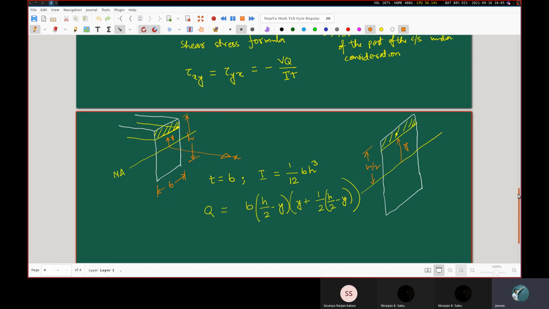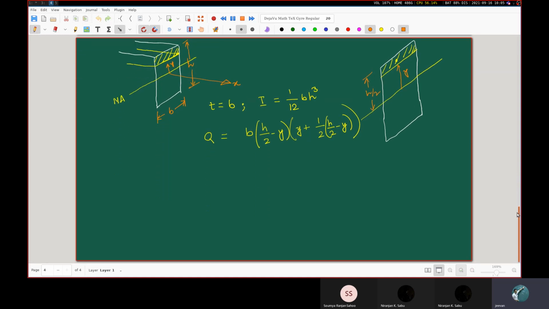So going forward, let me quickly write down the expression that we are going to obtain after we simplify this. So this is the expression that we are going to get: half b times (h squared by 4 minus y squared). Simple algebraic simplification.